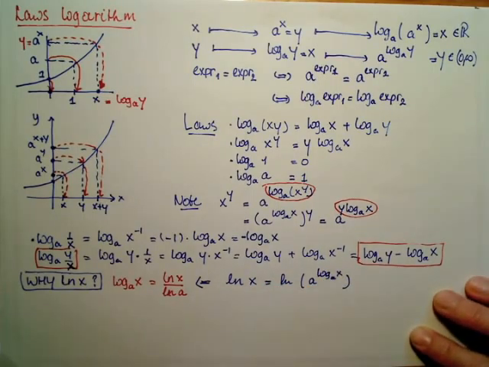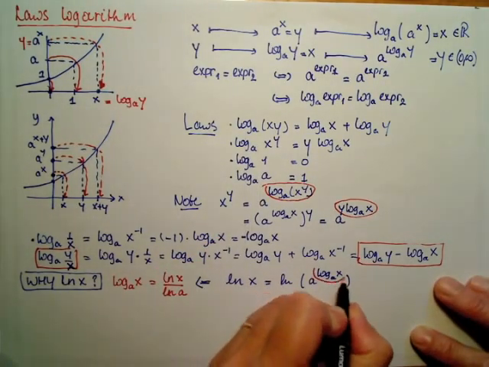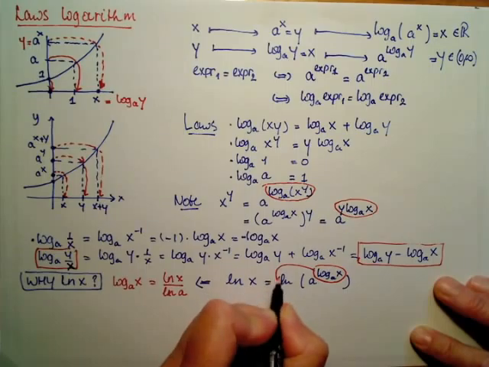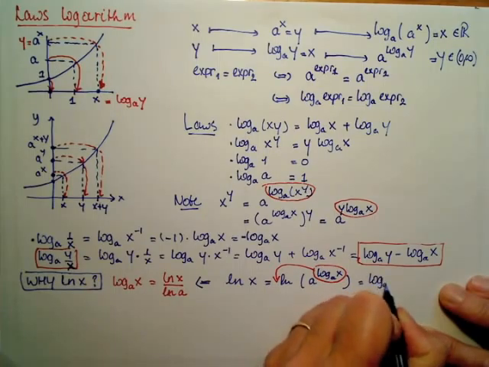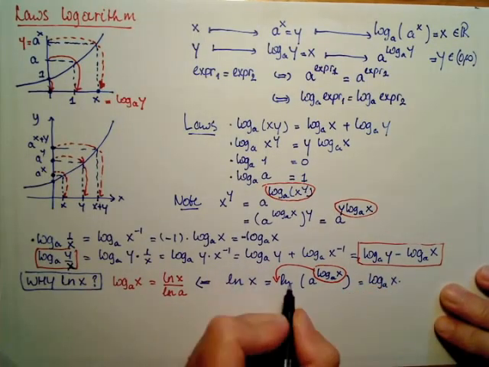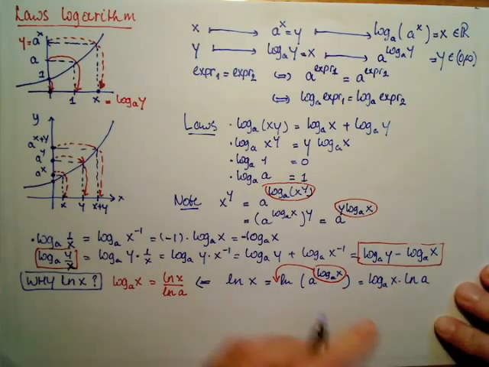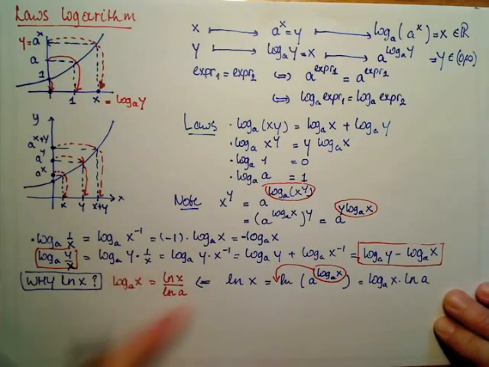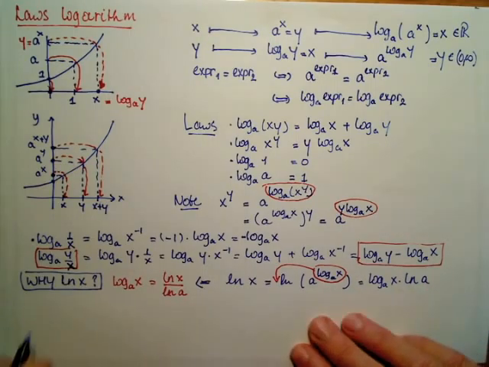Now again, the second law over here tells us that we can take powers in front. So we get log a of x multiplied by the natural logarithm of a. And this is precisely this statement over here, because we can divide both sides by the natural logarithm of a.